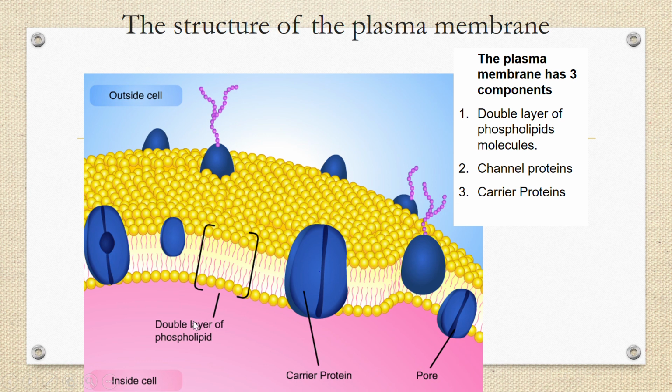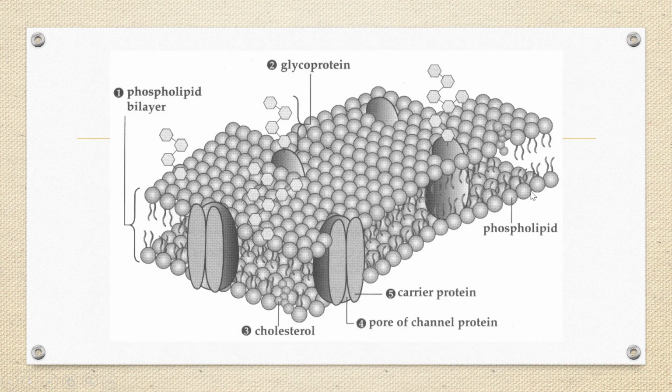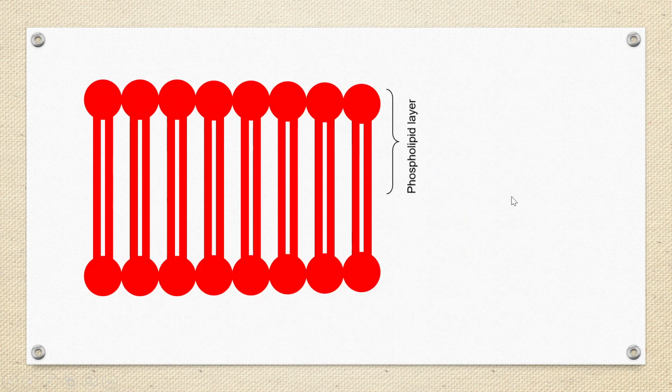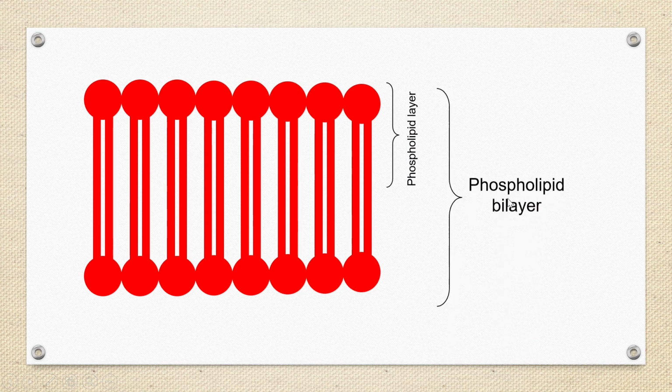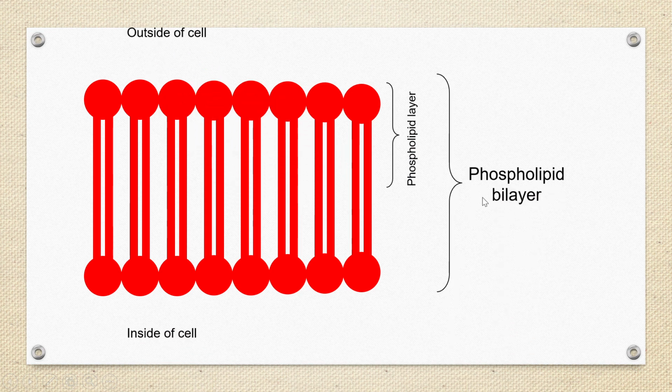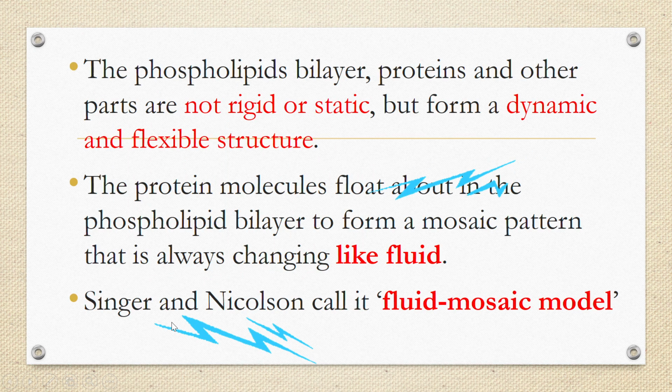So in other words, the structure of the plasma membrane, mainly formed by the lipids and also the proteins, is changing frequently, constantly. Okay, phospholipid bilayer, bi meaning two layers, outside and inner of the cell.